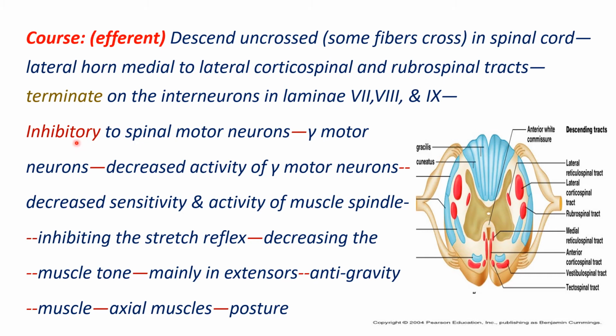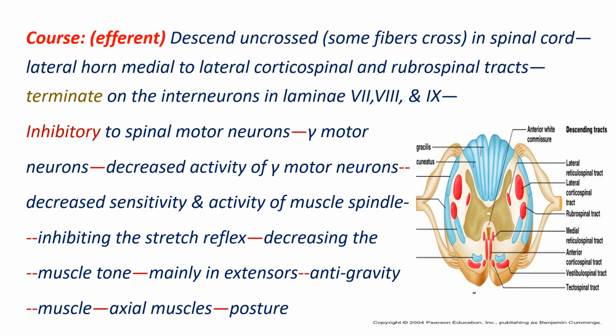The medial reticulospinal tract was stimulatory to spinal motor neurons, that is the gamma motor neurons. But here they are inhibitory to gamma motor neurons, leading to decreased activity of gamma motor neurons, causing decreased sensitivity and activity of the muscle spindle, inhibiting the stretch reflex and decreasing the muscle tone, mainly in the extensors, or the anti-gravity muscles, or the axial muscles for posture.